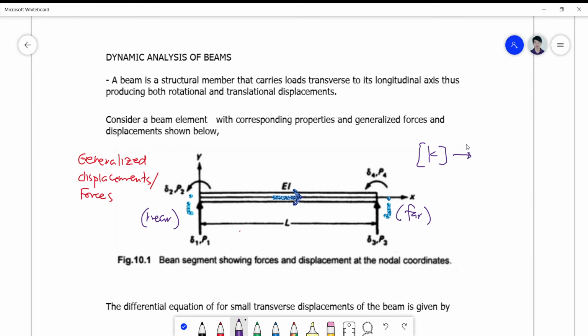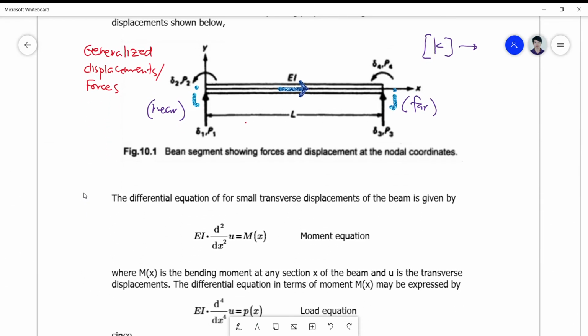Remember that our differential equation of motion needs the assembly of your matrix to start doing a dynamic analysis solution. So for this beam element in general, the differential equation for a small transverse displacement of the beam may be given by this moment equation.